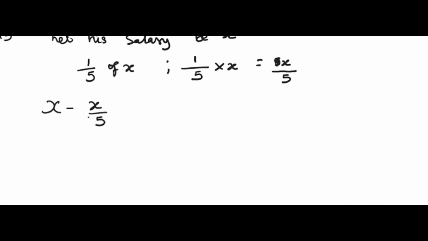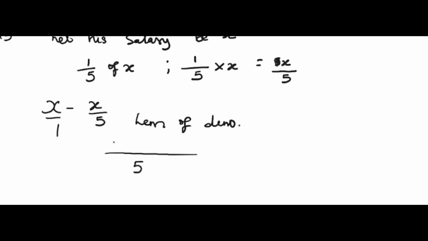So in this case, we don't know the salary, we know that it is X. And 1 over 5 of it is spent on shirts. So that 1 over 5 will give us X over 5. So X over 5 was spent on shirts. So to know the remaining salary, remove X over 5 from X. Good. So when we take the LCM of the denominators, the LCM of 1 and 5 is 5.